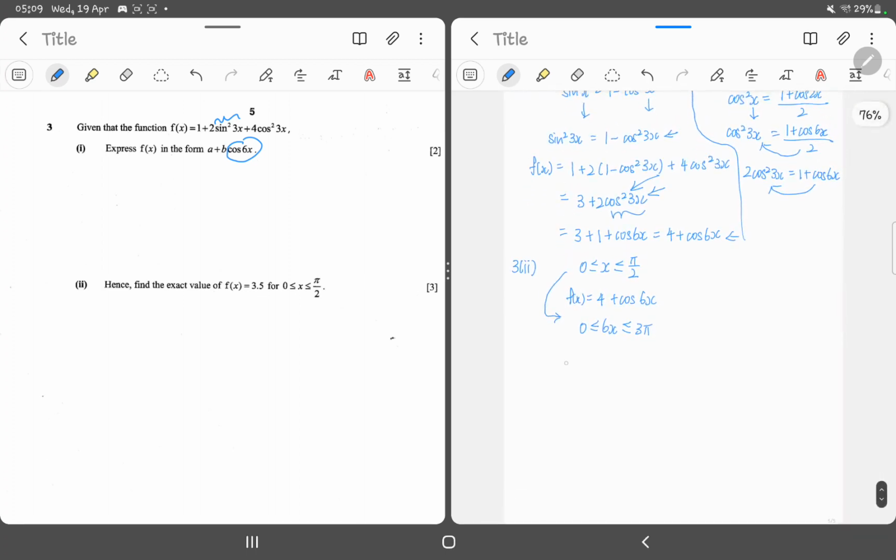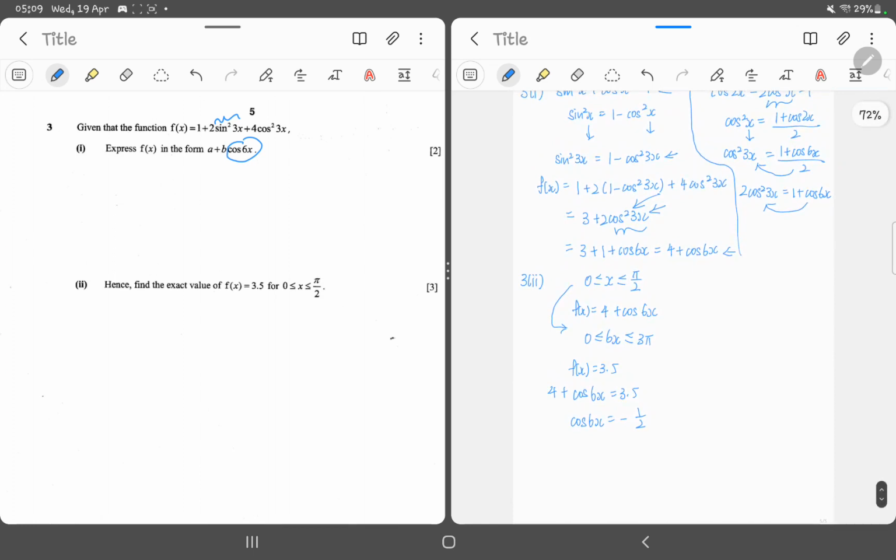Now f(x) equals 3.5, which means that 4 plus cosine 6x equals 3.5, which means that cosine 6x equals minus 1 over 2, and then the basic angle alpha equals cosine inverse of 1 over 2.